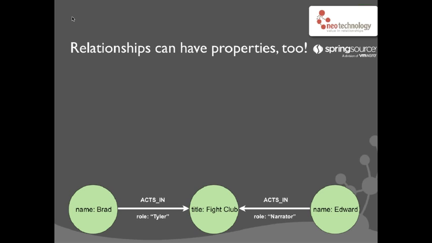Remember how I said in my introduction that the key property of graph databases is first-class support for relationships. Relationships are objects that implement the same interface, property container, as nodes do. You can add properties to nodes, you can add properties to relationships.